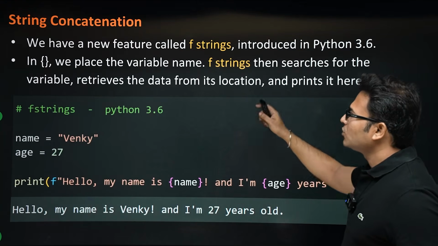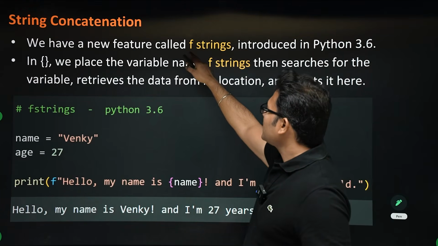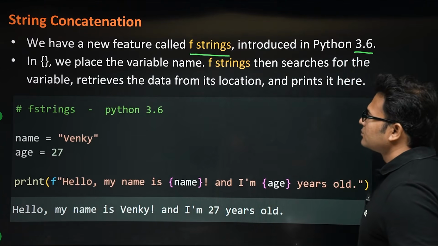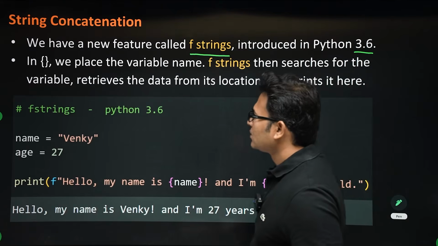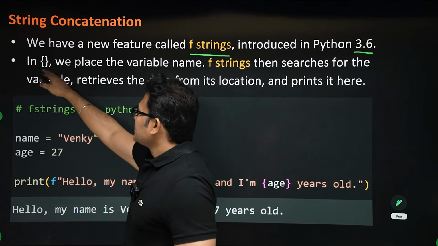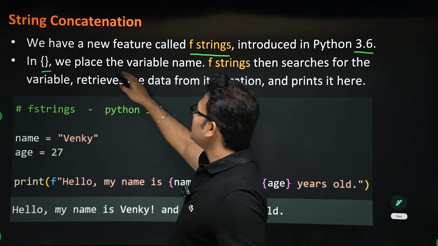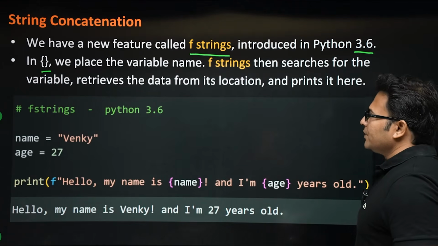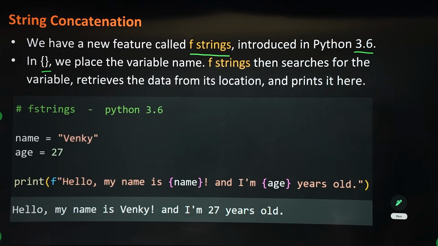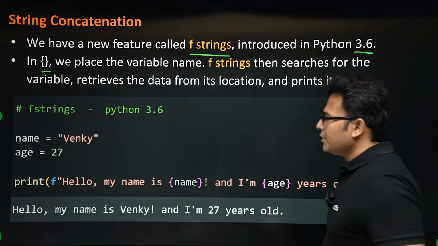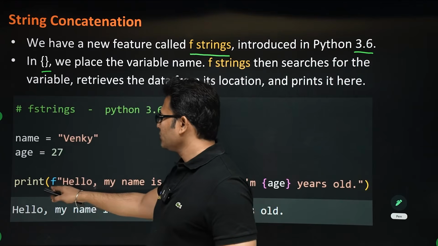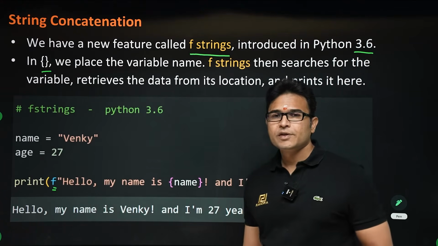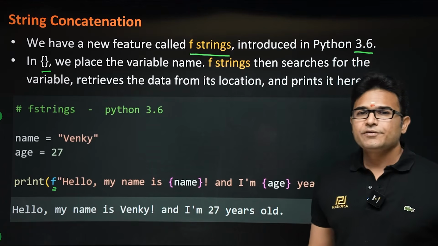We have a new feature called F strings, which was introduced in Python 3.6, in which inside curly braces we place the variable name. I'll show you with an example. Inside the print function, if you write F in the beginning, that will become an F string.